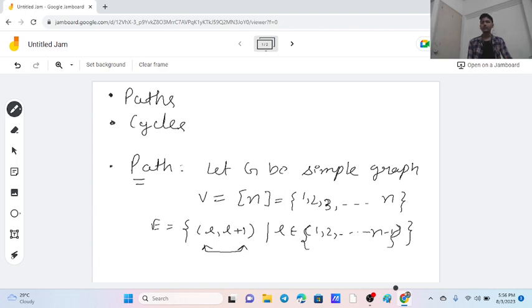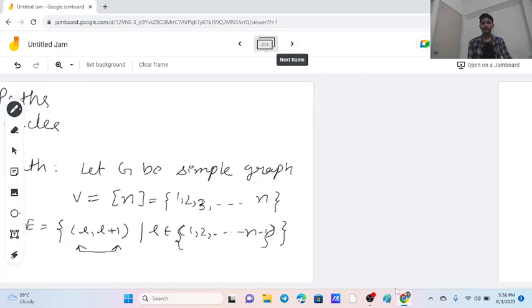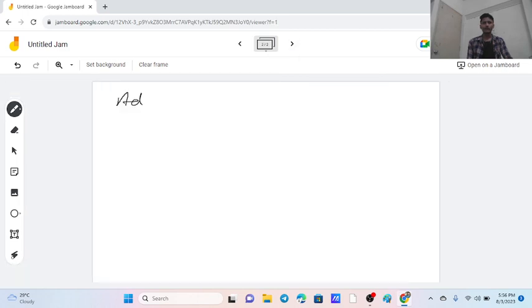Okay. So first of all, what do we mean by adjacent vertices? The adjacent vertices are those vertices which share an edge. Let's take an example.